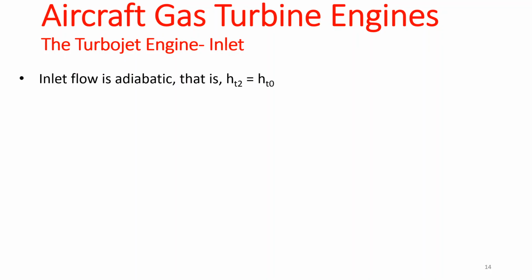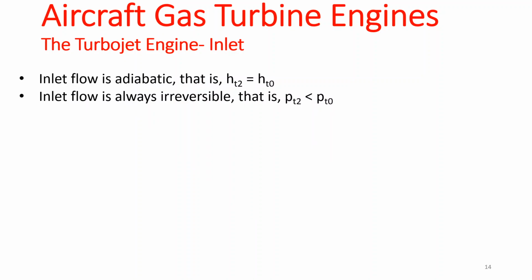So, moving on, a summary of the inlet. Inlet flow is adiabatic, which means that your total energy, your total enthalpy doesn't change. Inlet flow is always irreversible, sorry, always irreversible, which means that you have a total pressure loss.